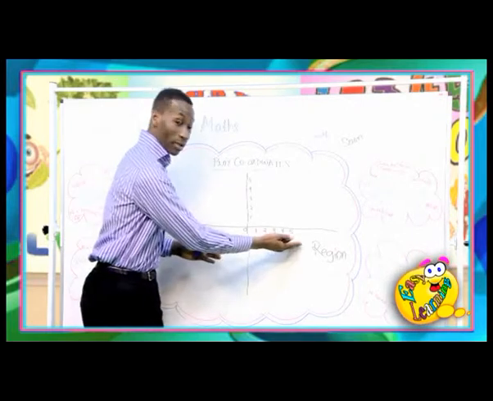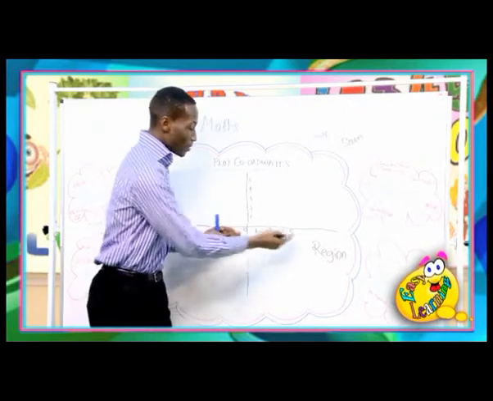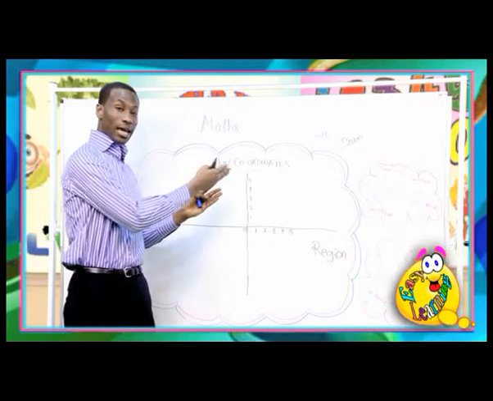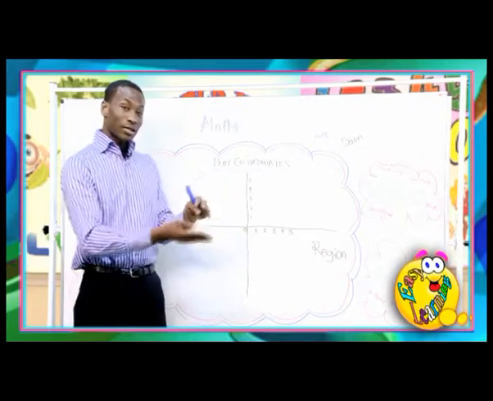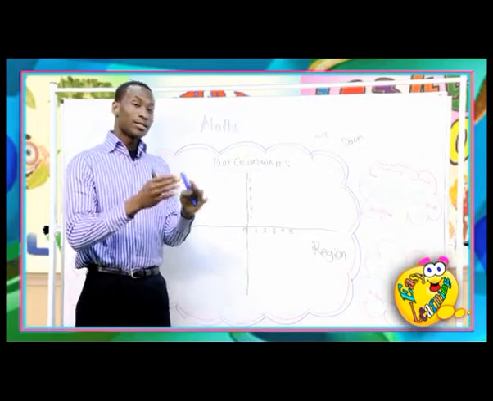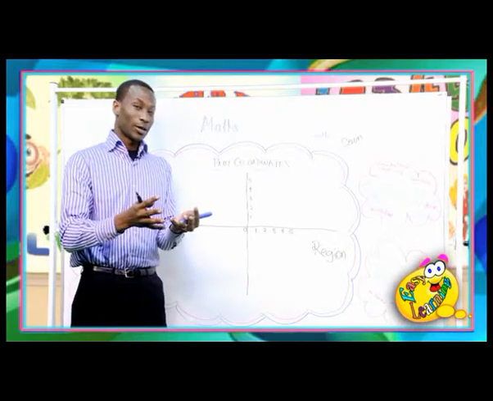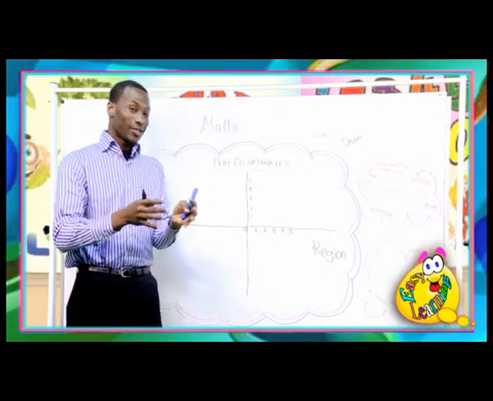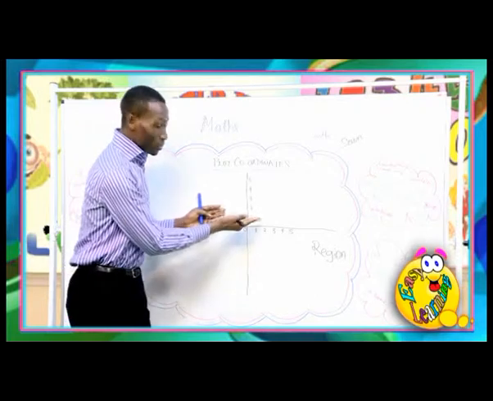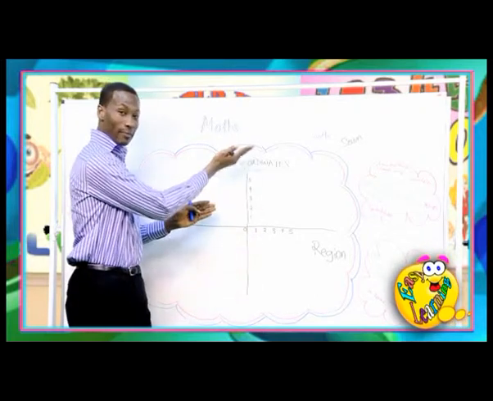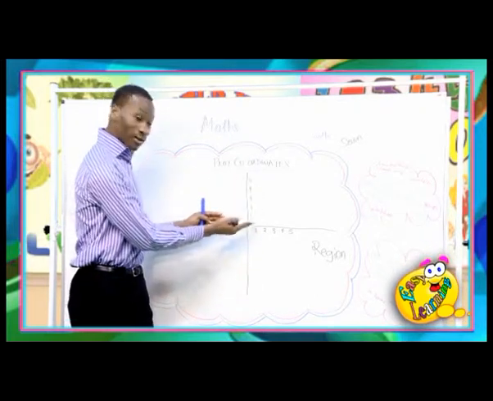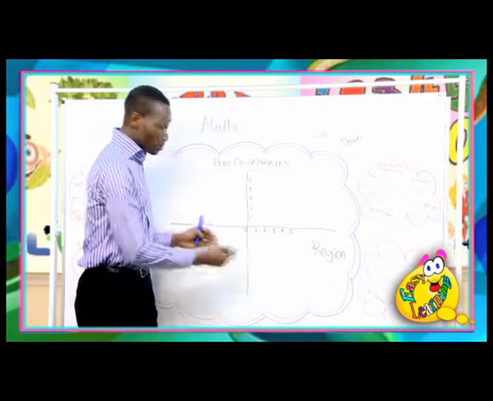Now we've got positive numbers here, we've got positive numbers here. If we're moving to the other side, which is the opposite, what is the opposite of positive? The opposite of positive is negative. So if we have positive numbers here at the top, we would have negative numbers at the bottom.